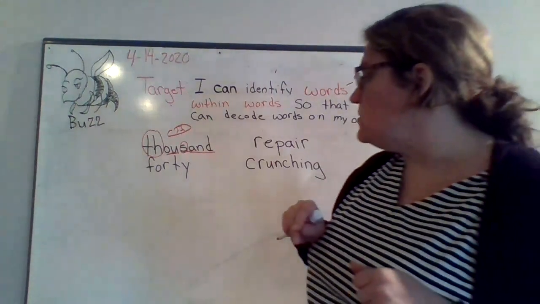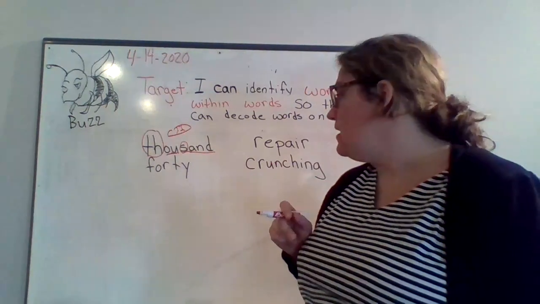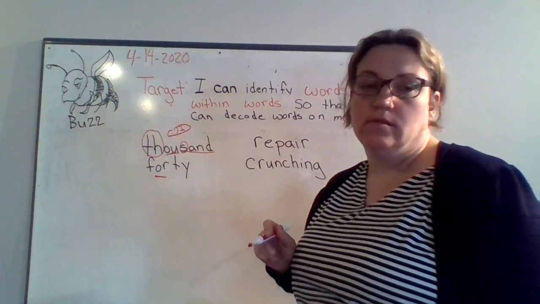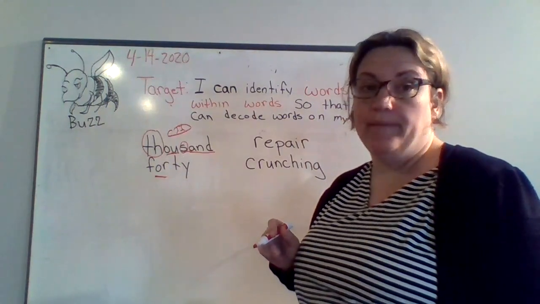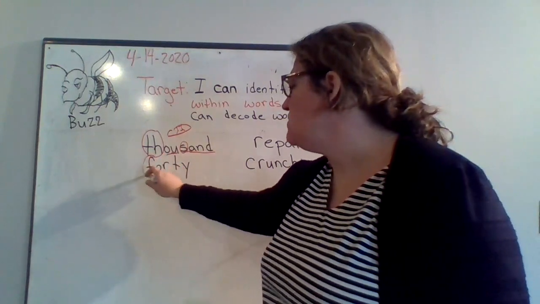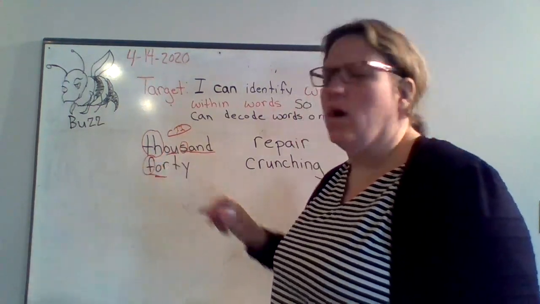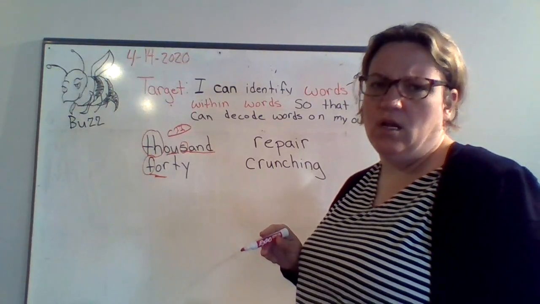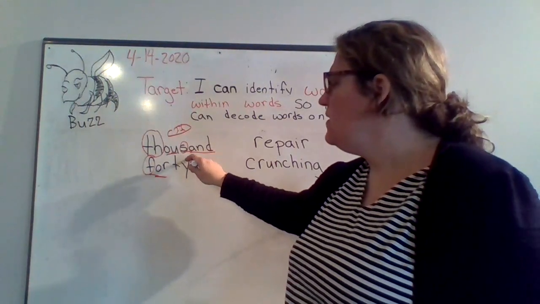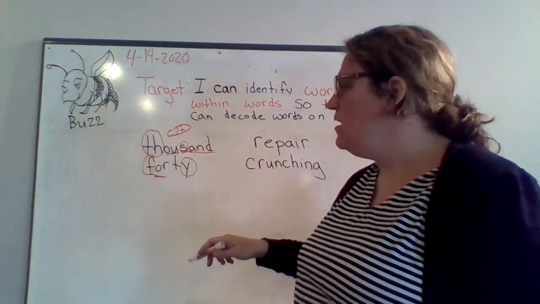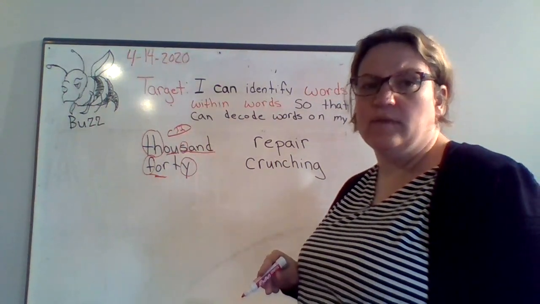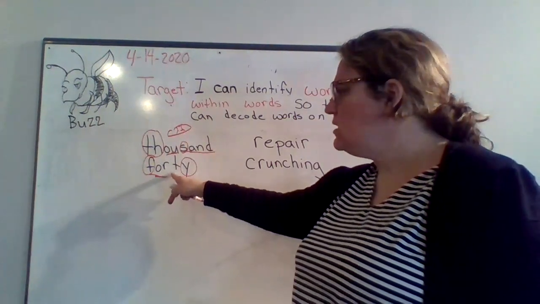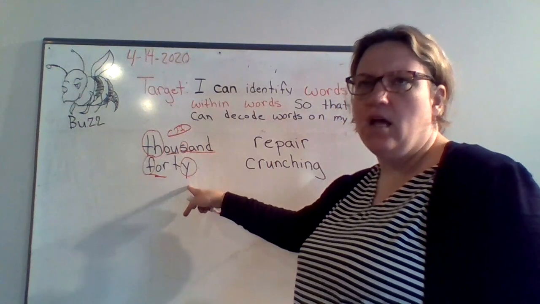If I look at the next one, what do I see? Well, I know that that is or, right? Oh, and I've seen this a lot. If I add this with it, or, for, and then this can say yeah, or if it's at the end of a word, sometimes it can say e. Fort, yeah, forte.